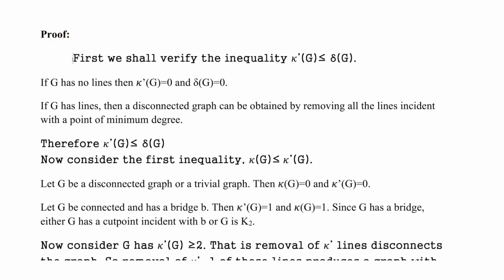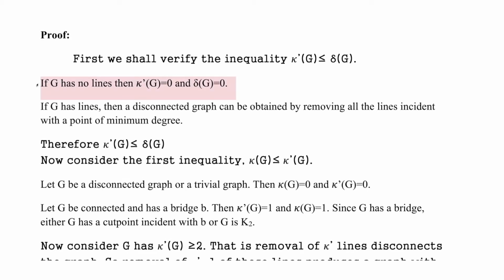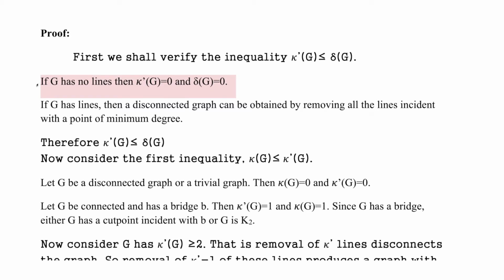First, we will prove kappa dashed of G is less than or equal to delta of G, that is the second part of the inequality. If G has no lines, then kappa dashed of G is equal to 0. If G has no lines, then it is already disconnected, no need to remove anything, there is no line there. So, kappa dashed of G is equal to 0 and the minimum degree is also 0, the inequality is verified.